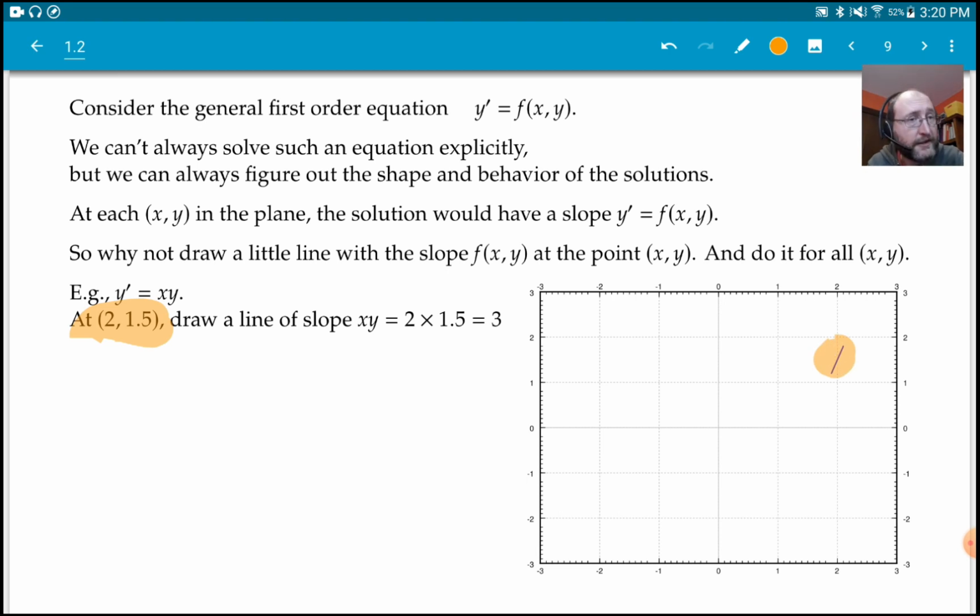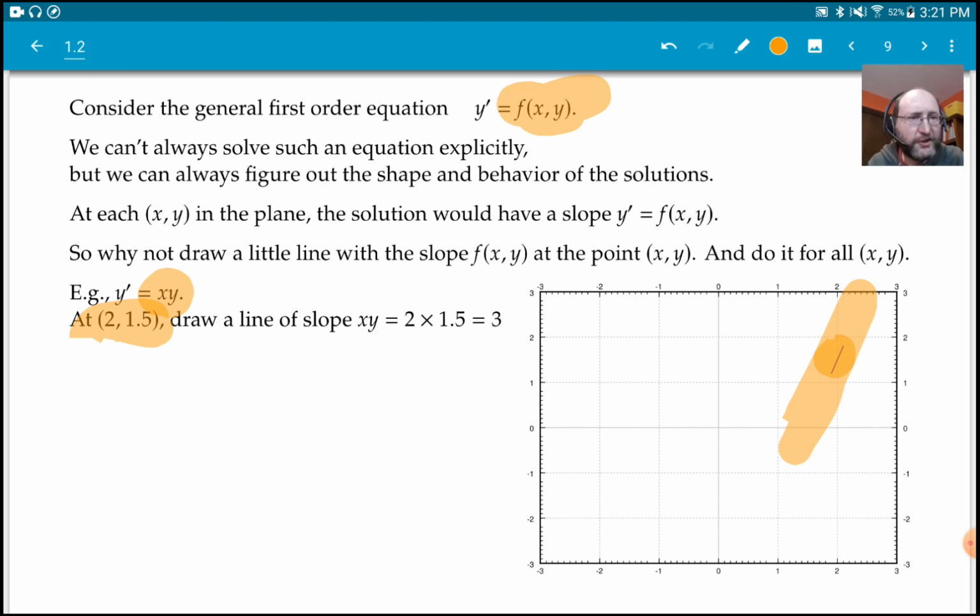The expression f is x times y, so you multiply them together, and I get 3. So x times y is 3, and I draw a little line of slope 3. I'll draw it fairly small so that I can fit more of these in there.